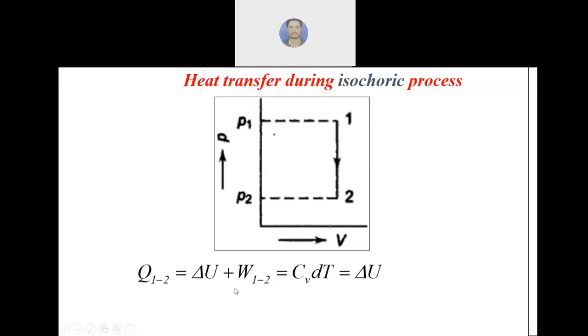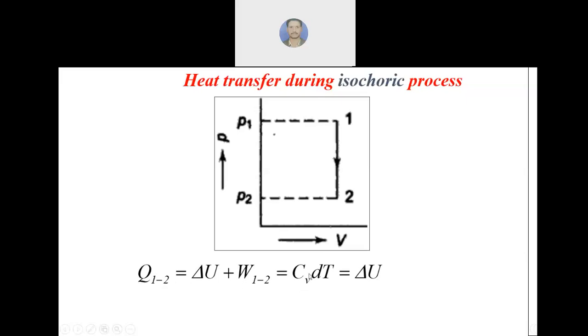Heat transfer equals change in internal energy plus work transfer. Now this will be equal to Cv dT. Cv dT is nothing but del U. Someone can say, sir, it is m Cv delta T. Okay, but if you are taking unit mass, you can say it is per kg. Suppose you write m Cv delta T, then the unit of heat transfer will be joule.